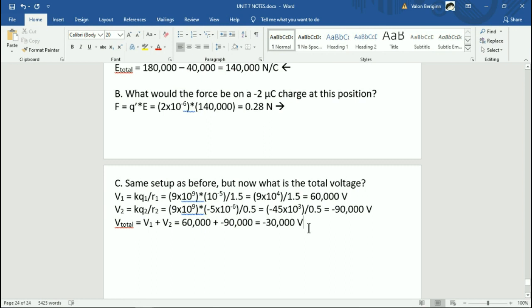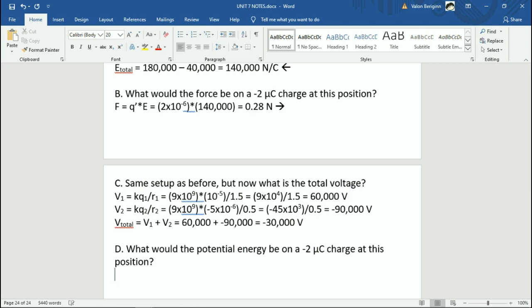Okay, and then again, a follow-up from this is now, what would the potential energy be on a -2 microcoulomb charge at this position? So, same exact setup. It's this new charge times the voltage.